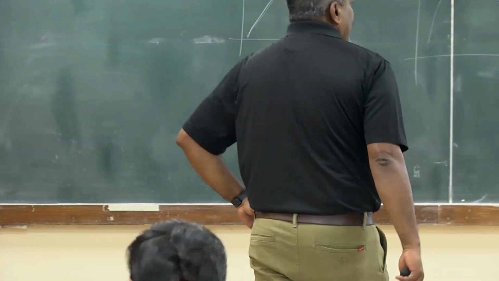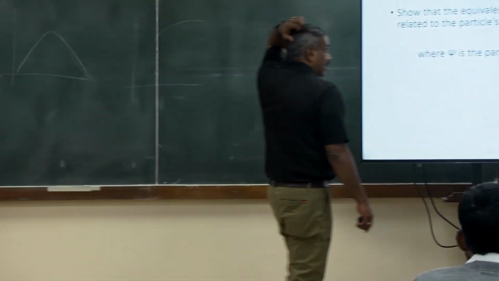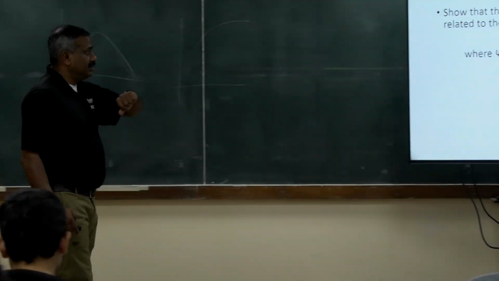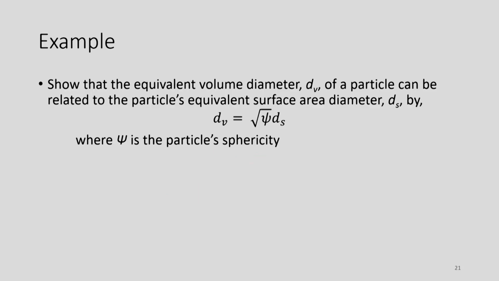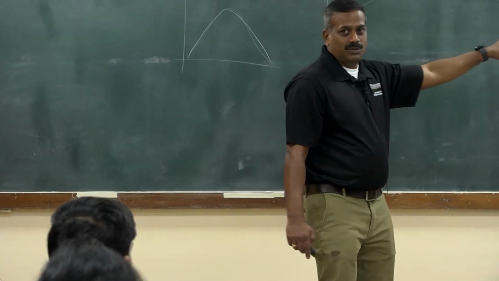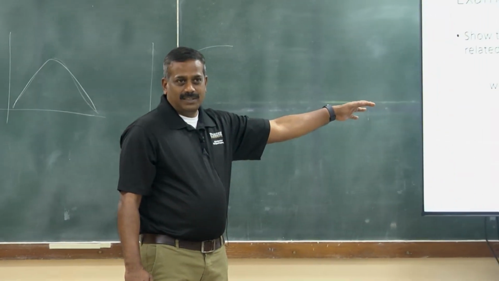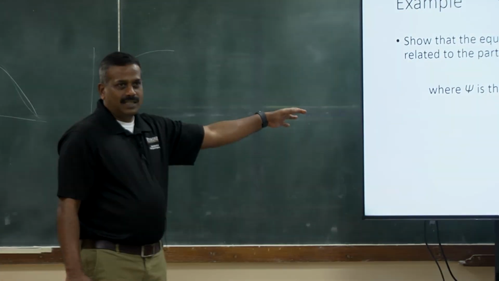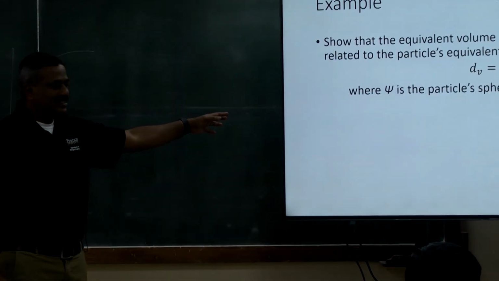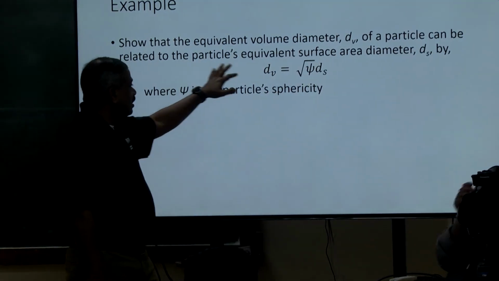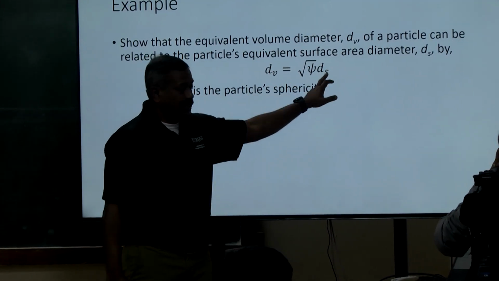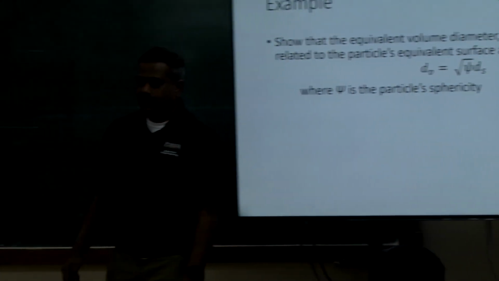Again, I'll skip this one. This is again a direct derivation, equating different volume and surface. I have the answer here, but do you guys want to calculate? Show that the equivalent volume diameter dV of a particle can be related to the surface area diameter ds by this relationship.